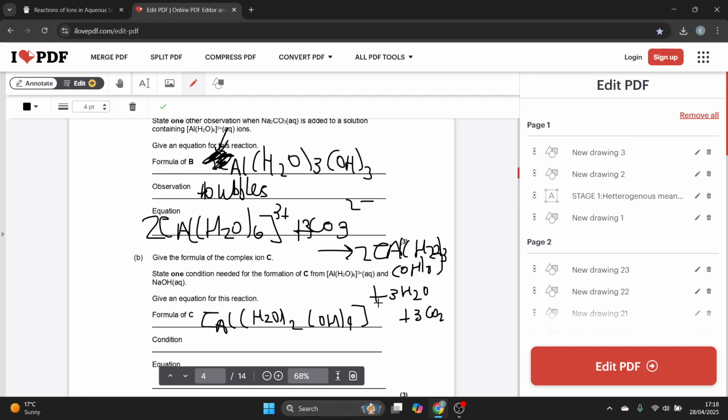In this case, I am going to include square brackets because it says formula of the complex ion.